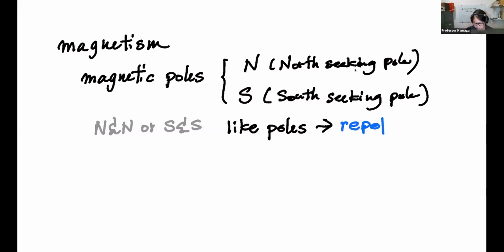And unlike poles, the combination of north and south, they attract.